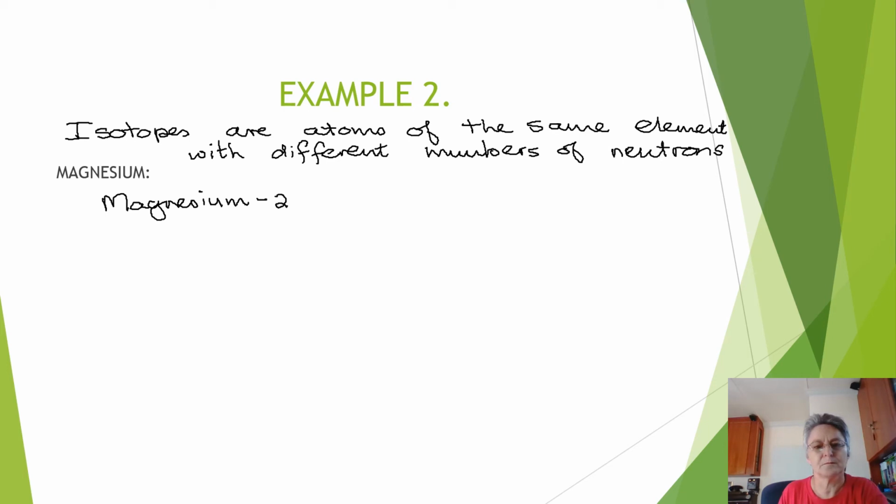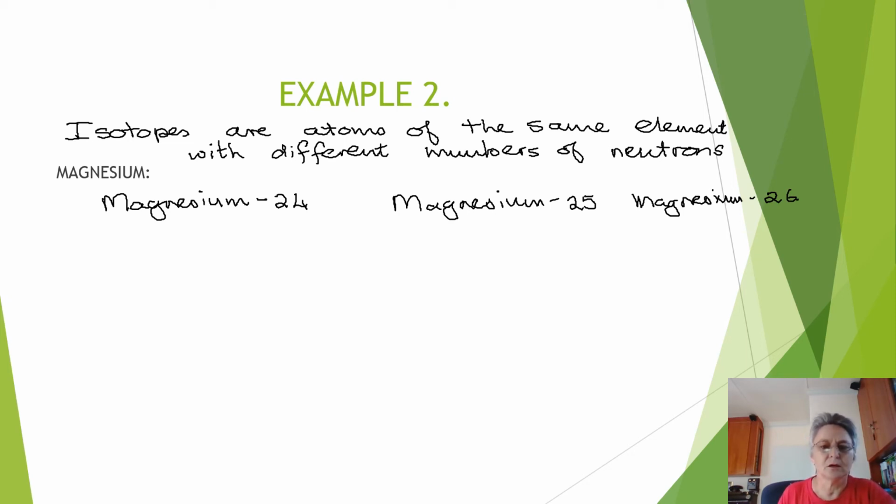You get magnesium 24, magnesium 25, and magnesium 26. So the atomic number of magnesium is 12.